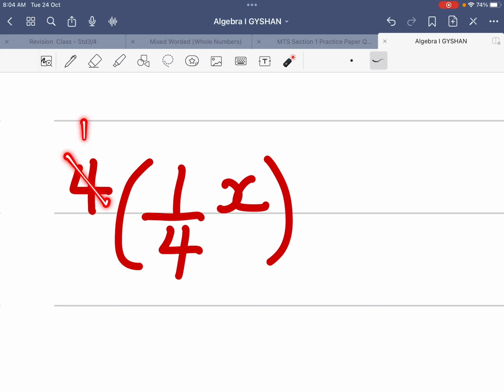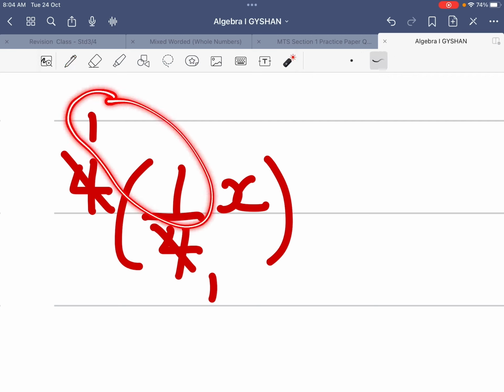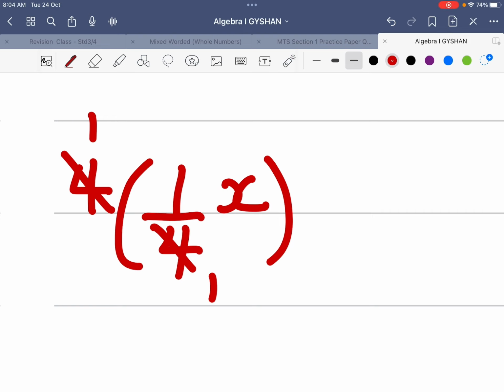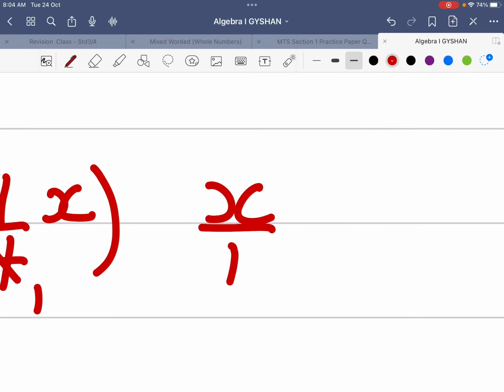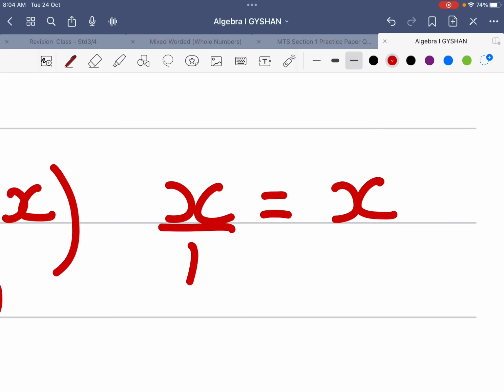So 4 into 4 is 1, 4 into 4 is 1. So that leaves us with 1 times 1 is 1. So on top is 1x or x, and below is 1. Anything divided by 1 is the same, so that will be x.